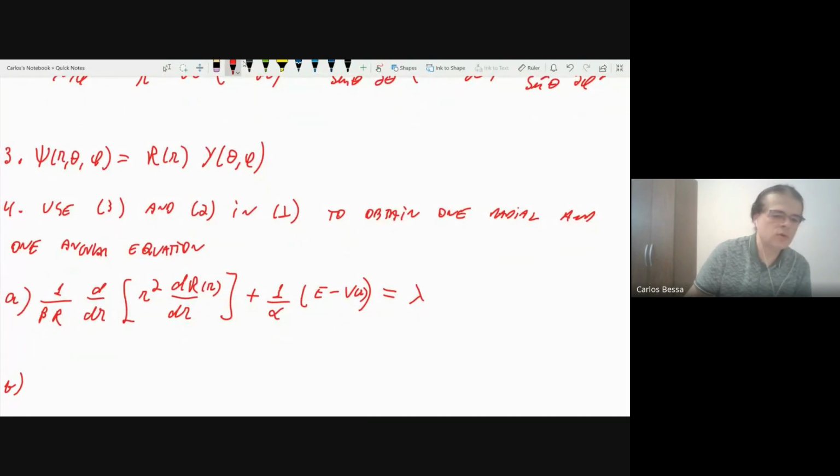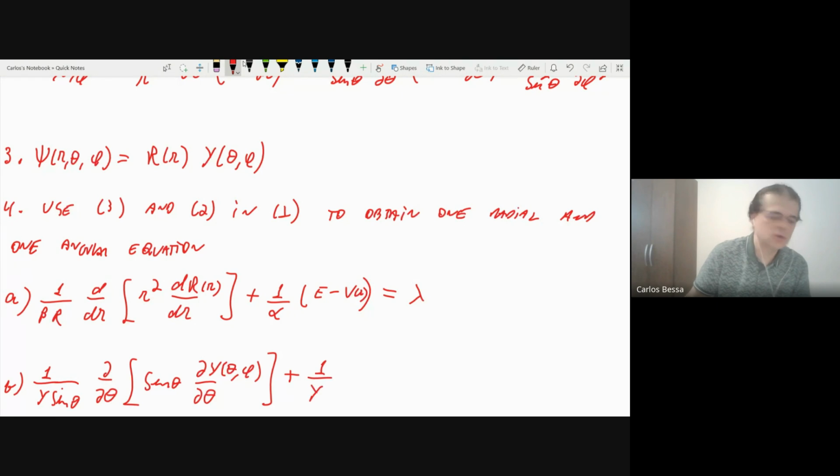And B, the angular equation, is this: 1 over Y, 1 over sine of theta, partial with respect to theta of sine of theta, partial of Y of theta, phi, because I didn't separate the two angular terms, plus 1 over Y sine squared of theta, partial squared of Y of theta, phi.